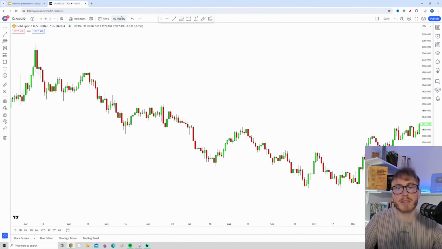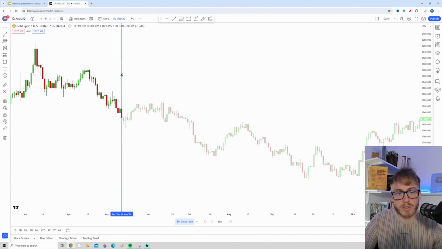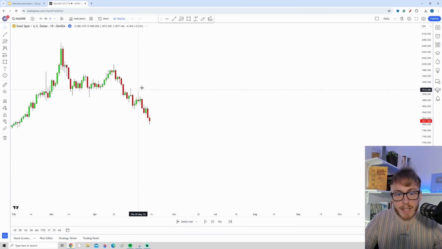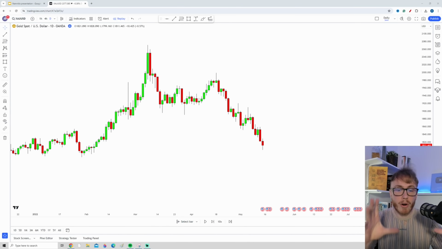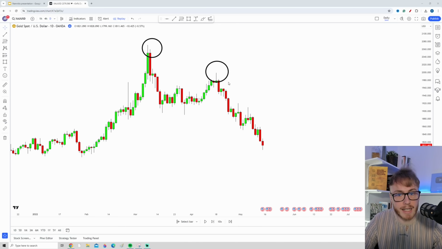And in order to understand how to draw our horizontal levels, let's actually use our replay tool here and take a look at how the market would have looked at, for example, this point right here. If we are at this point in the market, we can notice that we are in the very early stage of a downtrend. Why is this? Well, we had one high right here, and then we had a lower high.